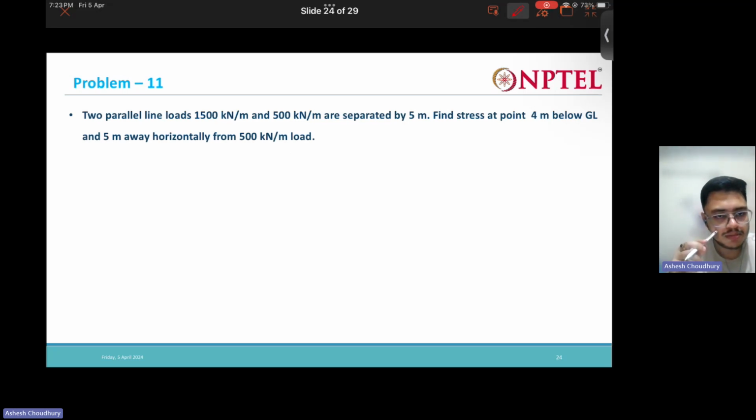Same, just the distances will vary. Two times you have to calculate and then add it up. That's all you have to do. Quite simple.